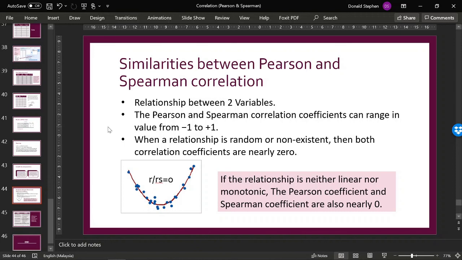And the coefficient value is between -1 to +1. When it is close to 0, it means the relationship is very weak. When it is 0, no relationship. Close to 1 means it has a strong relationship. So in this sense, how you interpret r and also rho is the same, right?